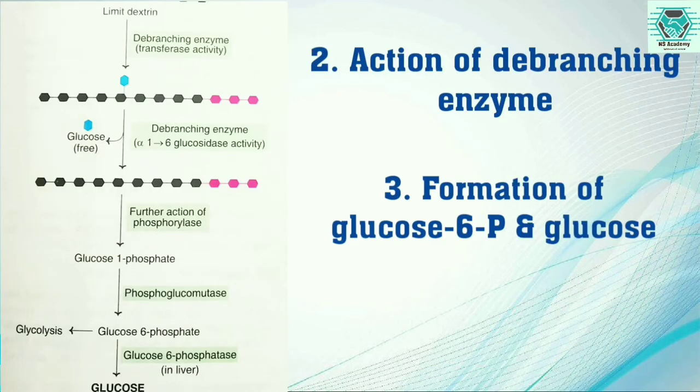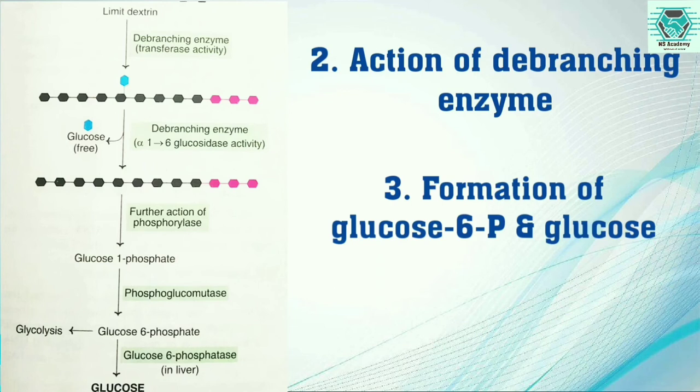The next step of glycogenolysis is action of debranching enzyme. The branches of glycogen are cleaved by 2 enzyme activities present on a single polypeptide called debranching enzyme.